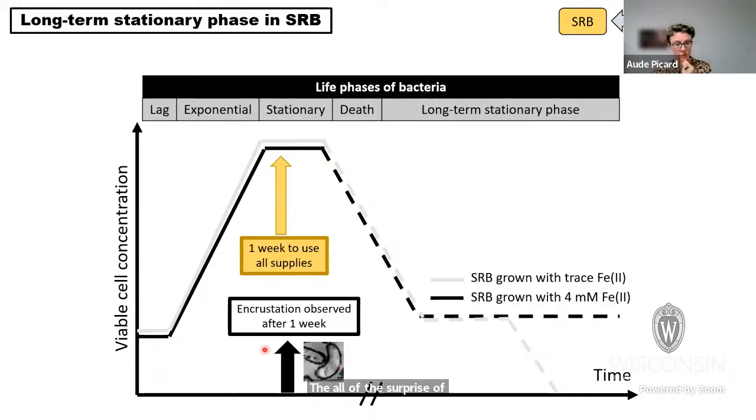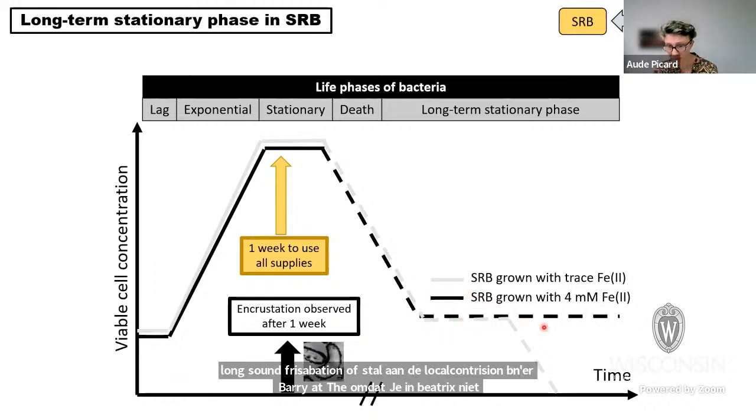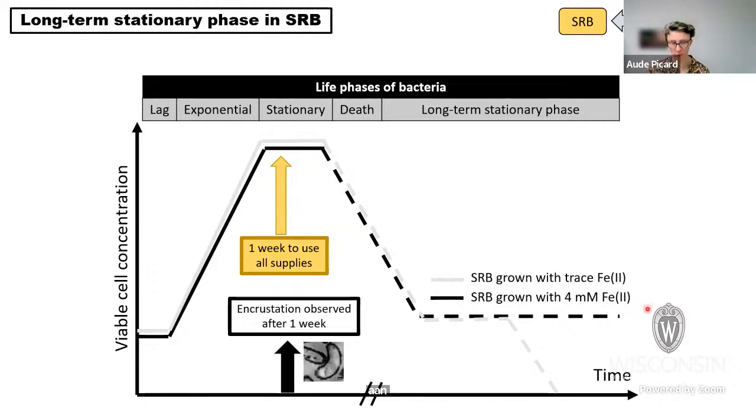We can see that incrustation happening, and then we saw that de-incrustation happening. So then it's like a death phase. And then there is potentially this long-term preservation of cells at a low cell concentration, where they're very active. They can basically eat their dead friends and survive this way.